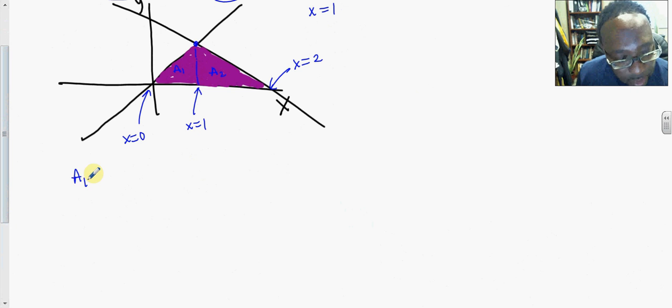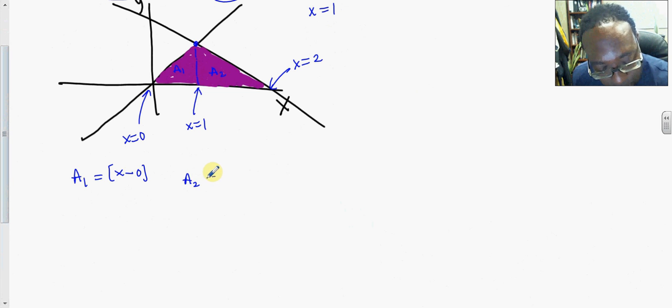So for area 1, we have the upper function, which is x, minus the one on the bottom, and for area 2, we have the function that's up above, which is 2 minus x, minus the function that's below, which is y equal to 0.